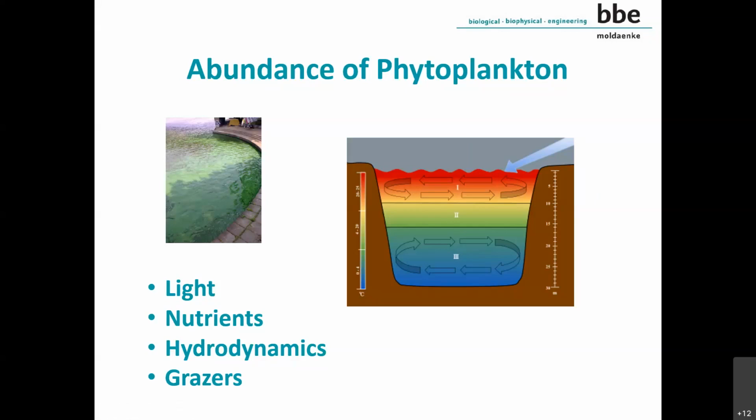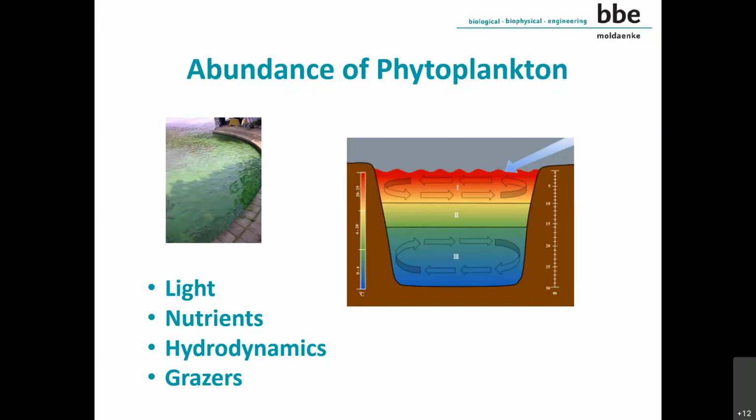Why they are where they are depends, of course, on a balance, and the balance is what the organism needs. On one side, they need light, but on the other side, they avoid too strong UV light that comes from the sun. They also need nutrients like phosphorus or nitrogen.